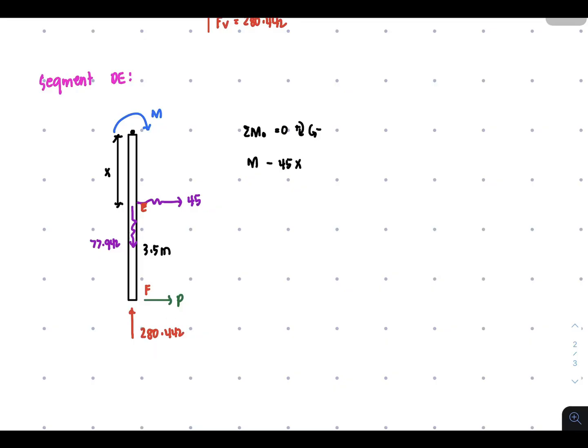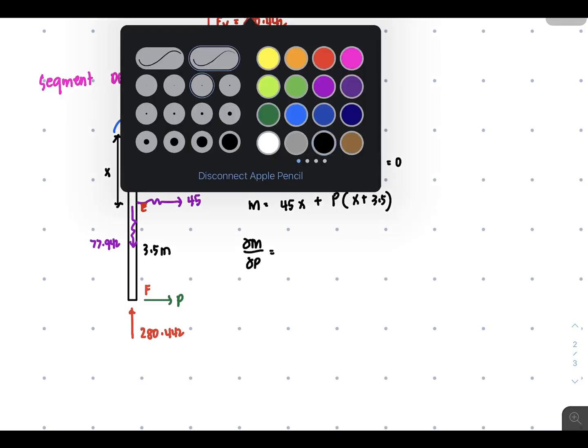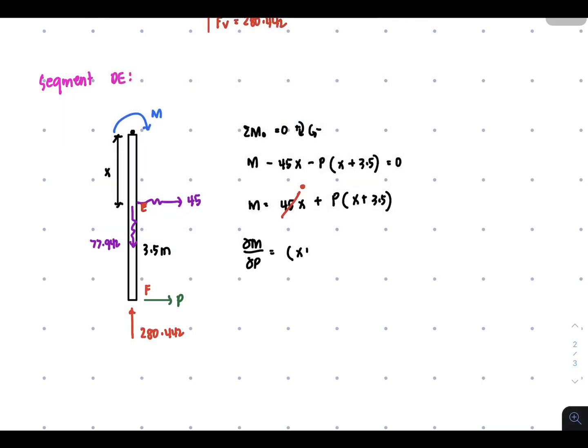Also this one, only this and this P. So it's going to be negative P times x plus 3.5 equal to 0. And then simplifying, you will have M equal to 45x plus P times x plus 3.5. And then getting the partial derivative of M with respect to P, we are going to set this temporarily to 0, and it's going to be x plus 3.5.